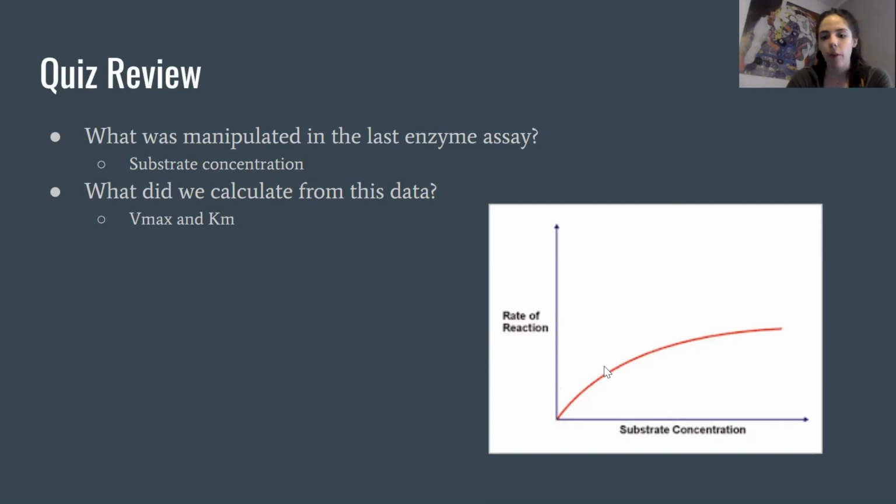And within the linear region of that, when we were to calculate or approximate just from eyeballing the graph, half the reaction rate at half of the maximum velocity, that substrate concentration would be our Km value. We'll talk a little bit more about those in the next slide.